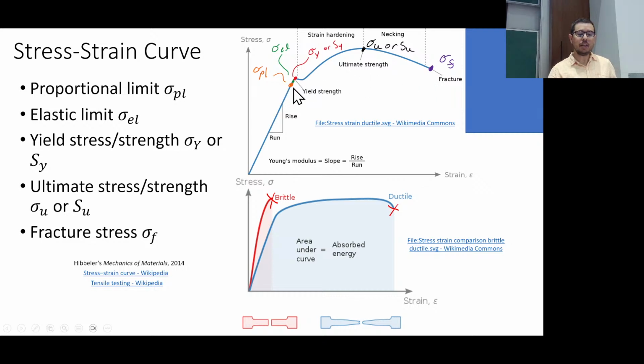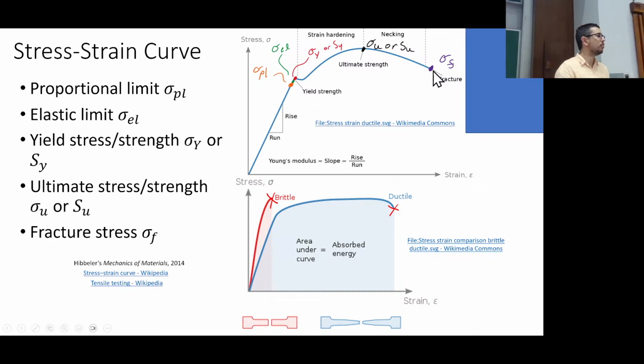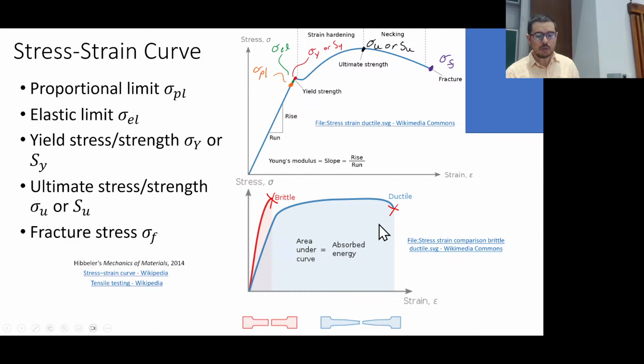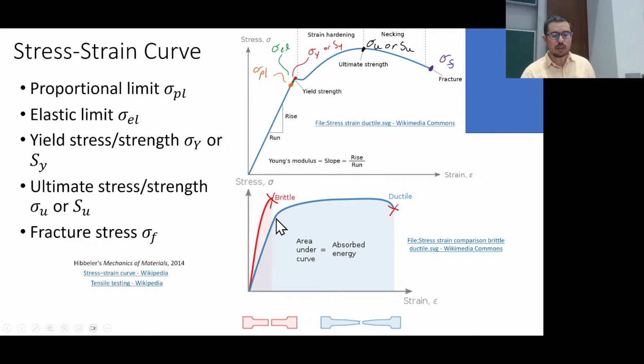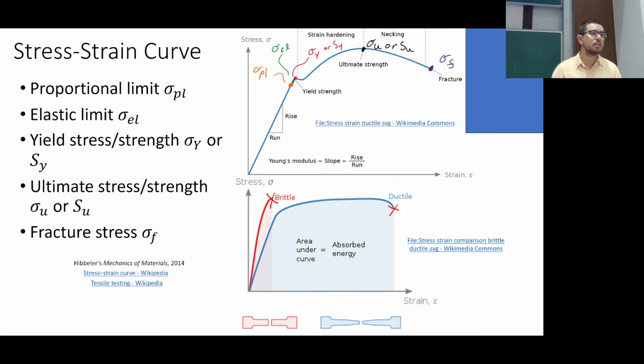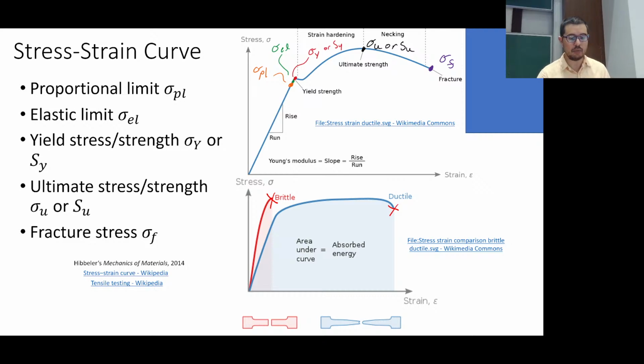We usually think of yielding as failure in this class, but if you get to this point, you no longer have connection. A ductile material is going to go on for a little while and then break, and you see that the slope is much, much less here. We'll talk about some models for this the next time we meet, for doing simple approximations of these types of behaviors.